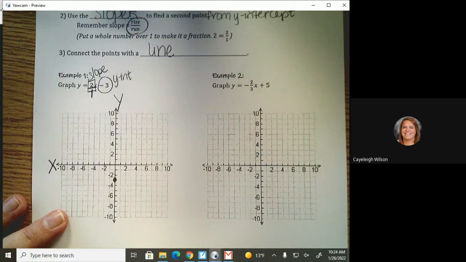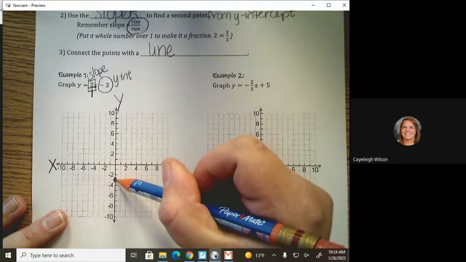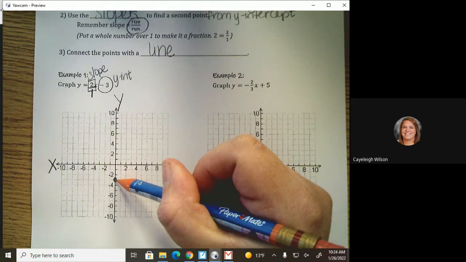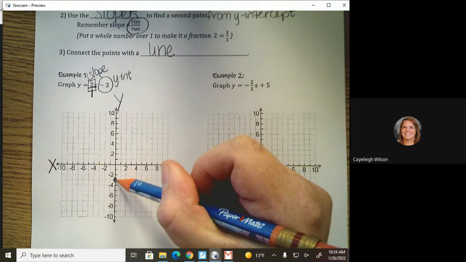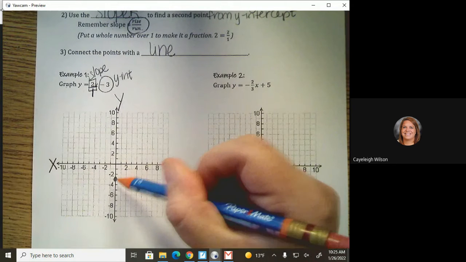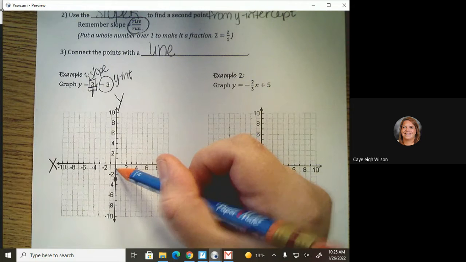And you're going to take your pencil and you're going to put it back on that y-intercept. And before you start counting your slope, is it positive or negative? Positive, so I can expect my line to go up. So to count a positive 2 over 1, I'm going to rise up 2, run to the right 1.